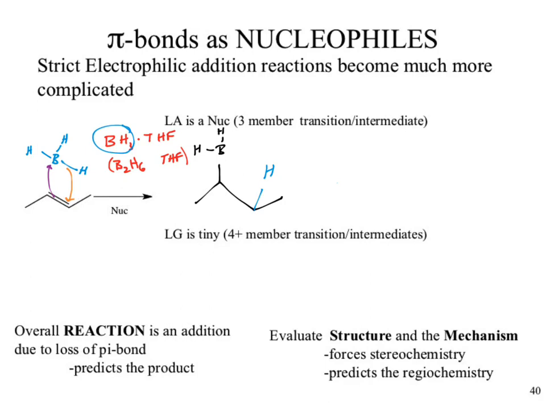Boron does its own whole nasty thing, and if you want to look up a mechanism on it, it's kind of neat and fascinating. Ultimately, this is not the final form. It goes through like 6 other things, and it looks ugly and fills my entire screen, so I'm not showing it. So, ta-da, we're there. Is that a stable structure? No. How do we know it's not a stable structure?